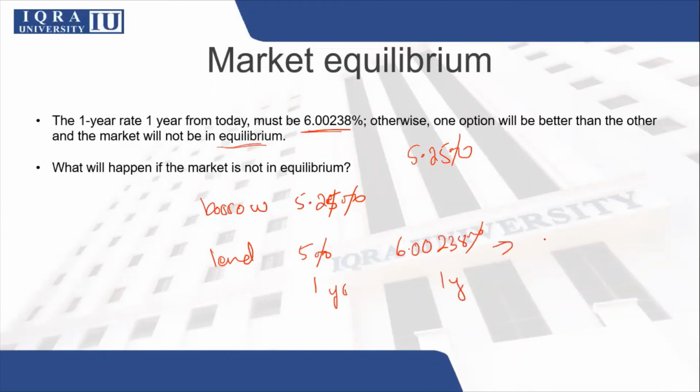This will actually give them a return of 5.5%. So they'll borrow at a lower rate and they'll lend at a higher rate. But other people will also figure this out, and because of that, there will be a supply increase over here, and because the supply will increase, the interest rate will automatically go down and will become equal to 5.25% as well.